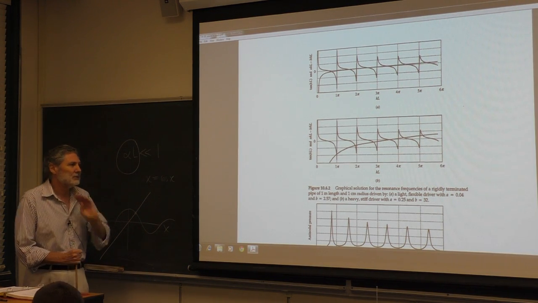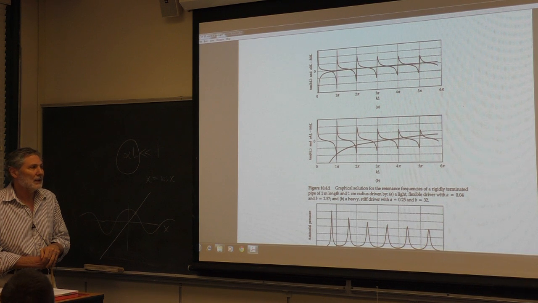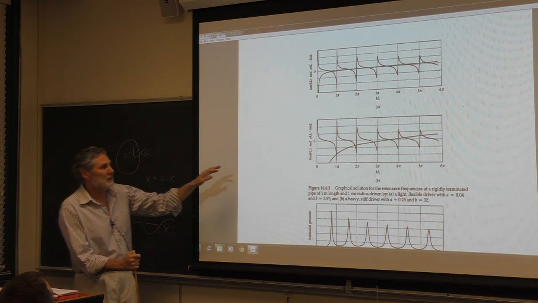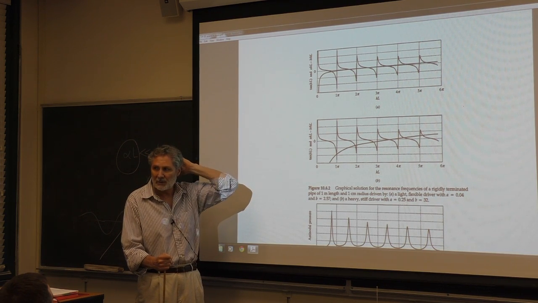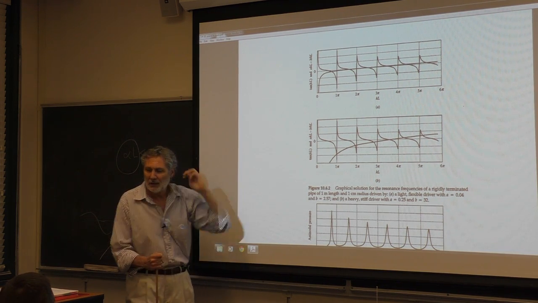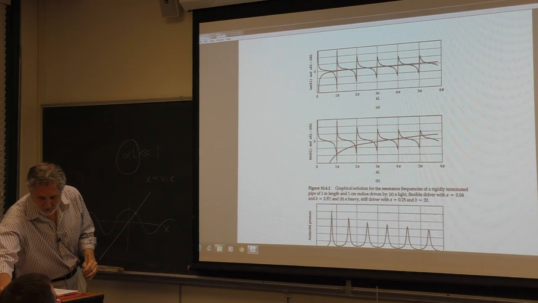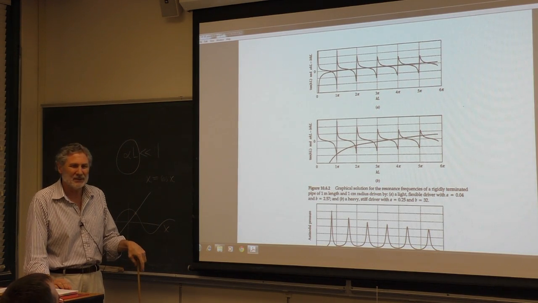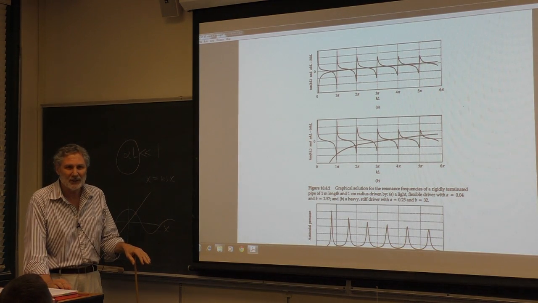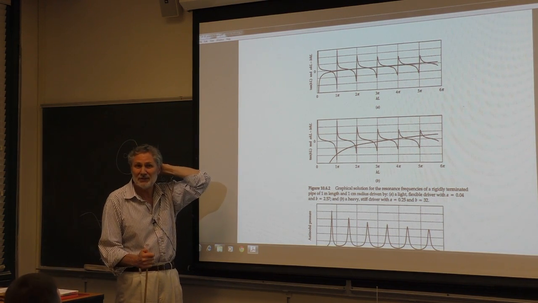I've always wanted to go back to experiment 1 and check our theory here against experiment 1. And the problem is, I tell students, if you're interested, let's do it. I'd love to do it. The problem is everyone is so burnt out at this point that the last thing they want to do is go back to the first experiment and reanalyze the data compared to our theory. But it would be interesting to do.